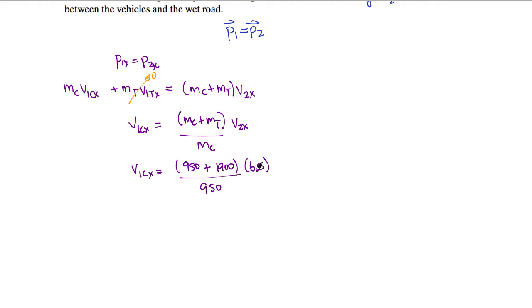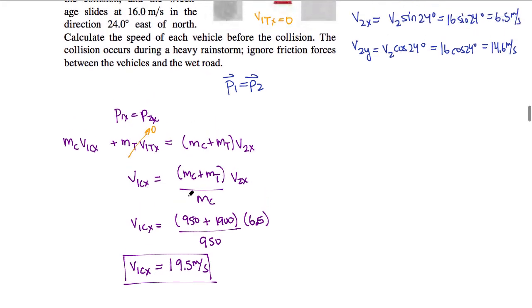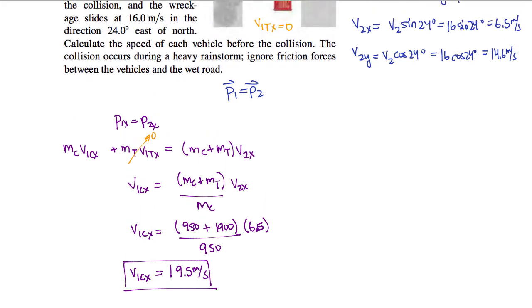So the speed of the car in the x direction will end up being 19.5 meters per second. So that is the only speed of the car, since the car is only moving in the easterly direction before the collision. So now we'll move on to the y direction.